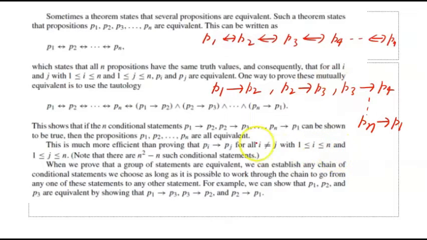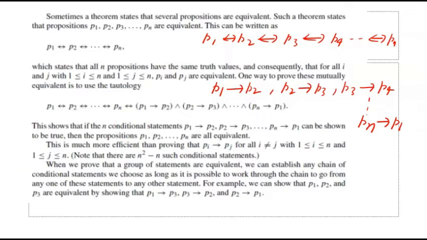So basically we create a cycle: P1 implies P2, P2 implies P3, P3 implies P4, and finally Pn implies P1, right? If we are able to create this, then we can conclude that all these n statements are equivalent.